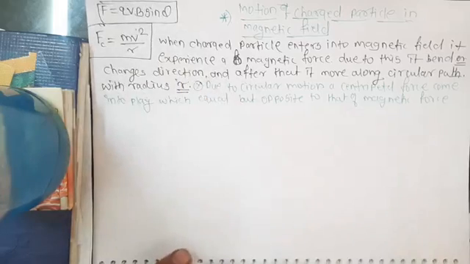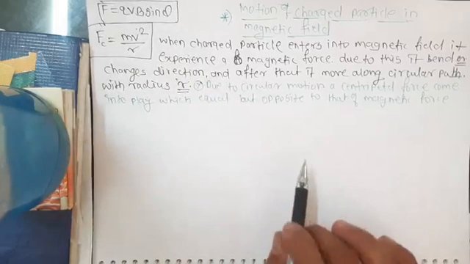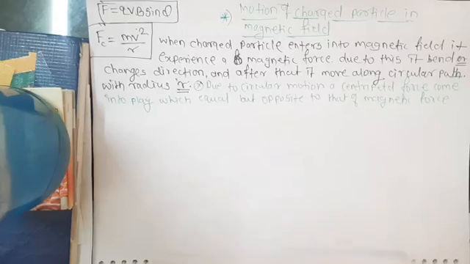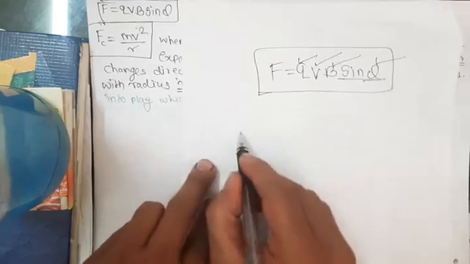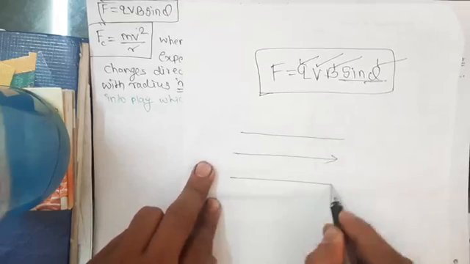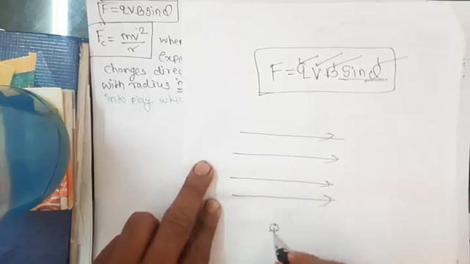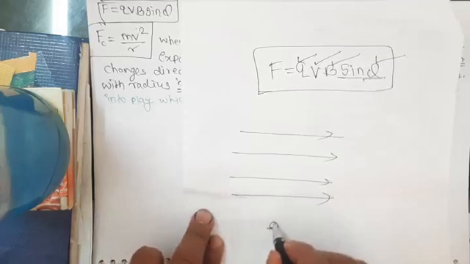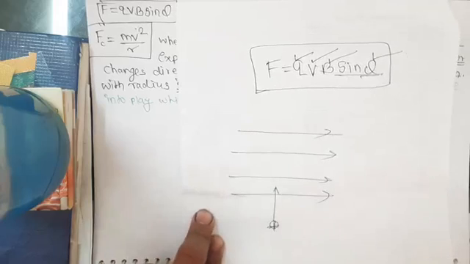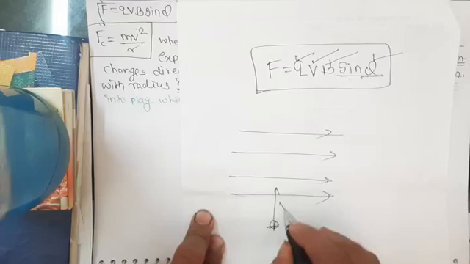Next, we know that when a charged particle enters the magnetic field, suppose this is the magnetic field, and a positive charged particle is entering the magnetic field with velocity v.